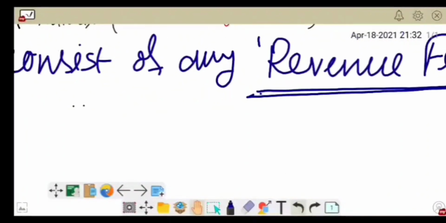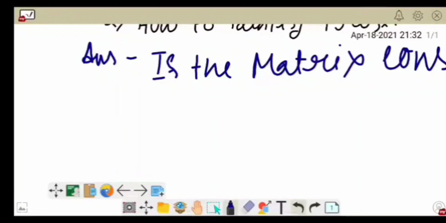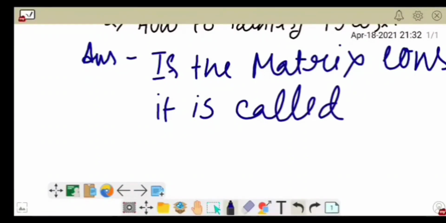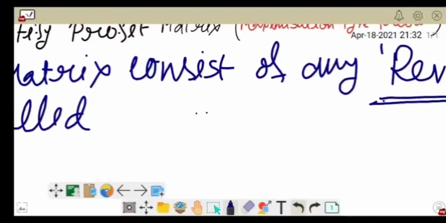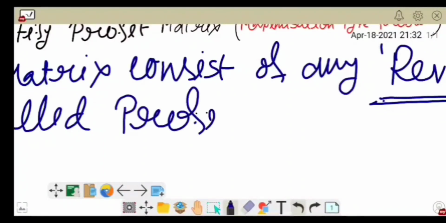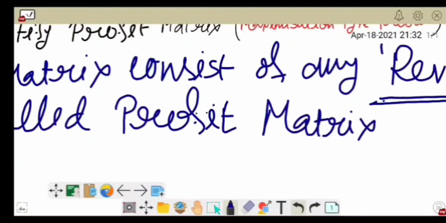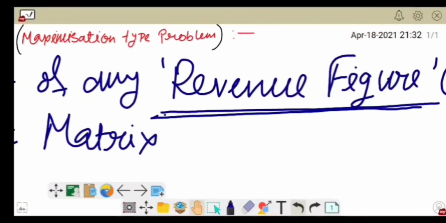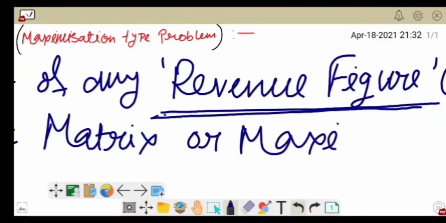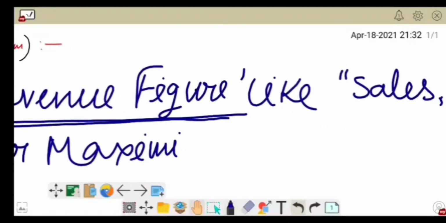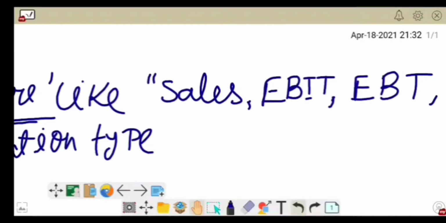Then it is called profit matrix or maximization type problem.